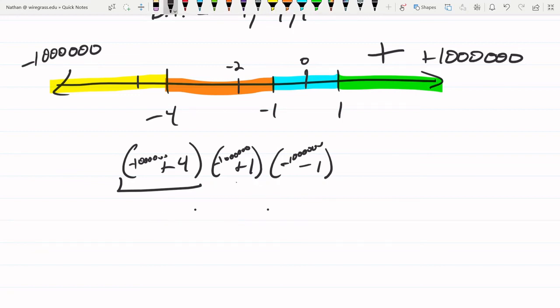From this first interval, we have a very large negative number plus something very small. That's still going to be negative. Very large negative number plus 1, still negative. And a very large negative number minus a positive number is going to make it even more negative. We get negative. Negative times negative is positive, and positive times negative is negative.